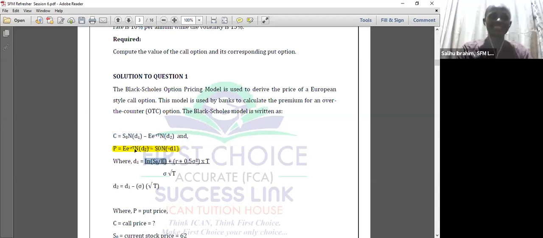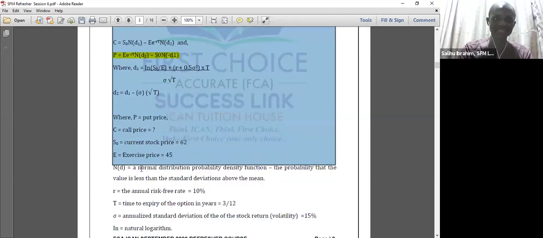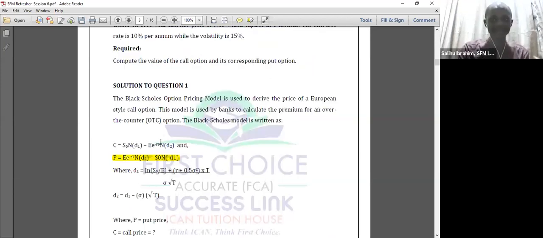Now, the C here represents the call option price. The S0 represents the current stock price. The stock means the underlying asset, which I've already told you can be shares, or a physical item like commodities.